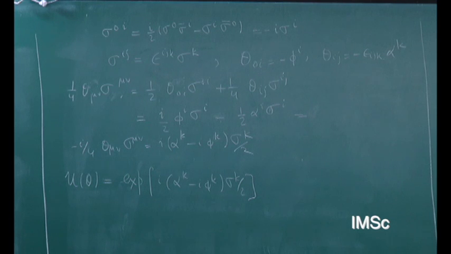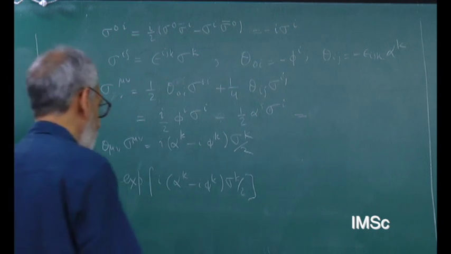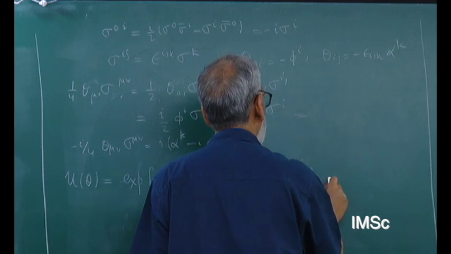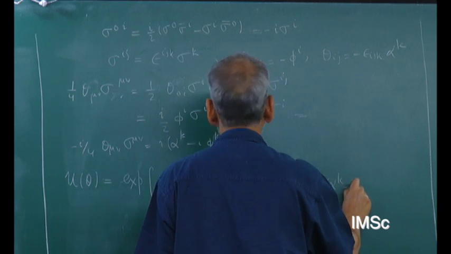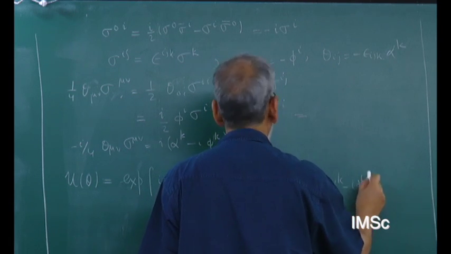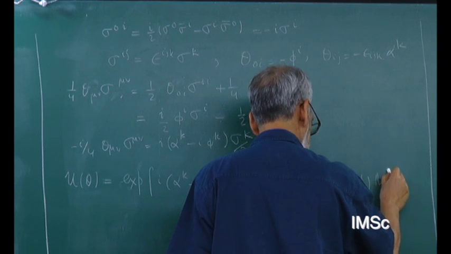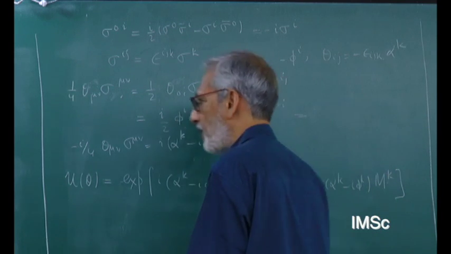Now you recognize there is a generator of SU2 on spinors. That's how we wrote it. And I can rewrite this as exponential i (alpha k minus i phi k) M k.